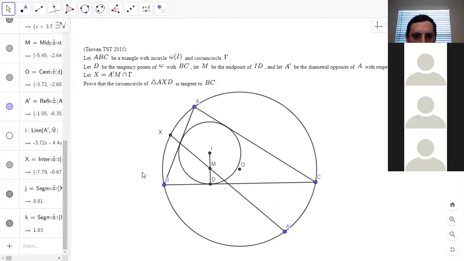Maybe let AX intersect BC at a point E and then try to use power of a point.